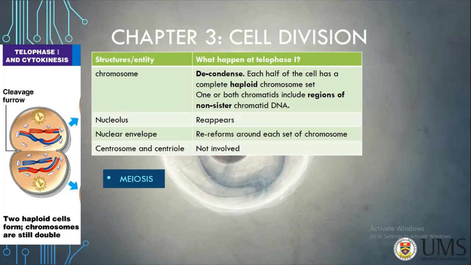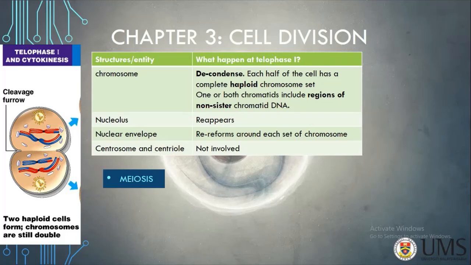The chromosomes will start to decondense, the nucleolus reappears, and the nuclear envelope reforms. After telophase 1, each half of the cell has a complete haploid chromosome set. One or both chromatids include regions of non-sister chromatid DNA.